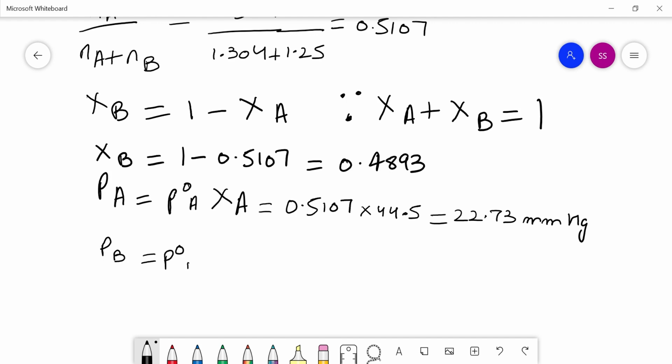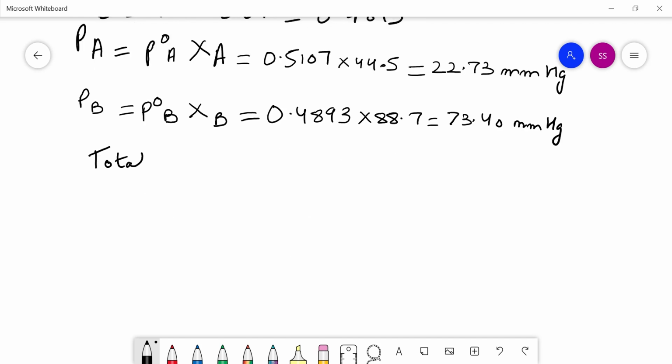Partial pressure of methanol is equal to mole fraction of methanol into P naught B, जो होगा 0.4893 into 88.7, which is equal to 43.40 mmHg.